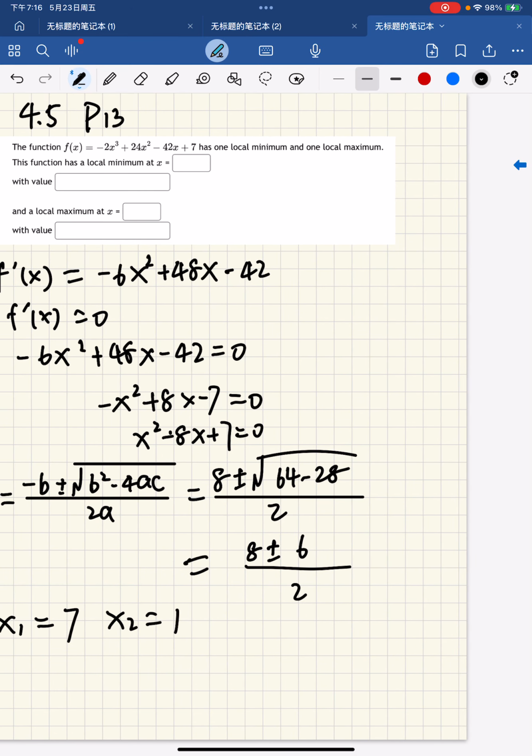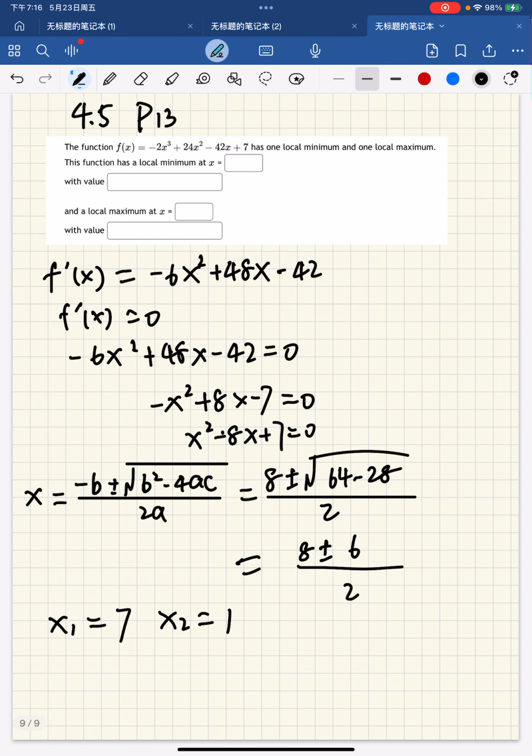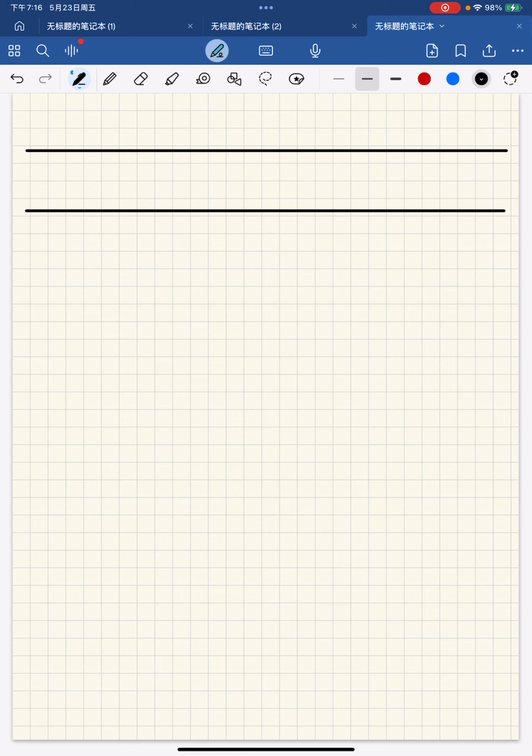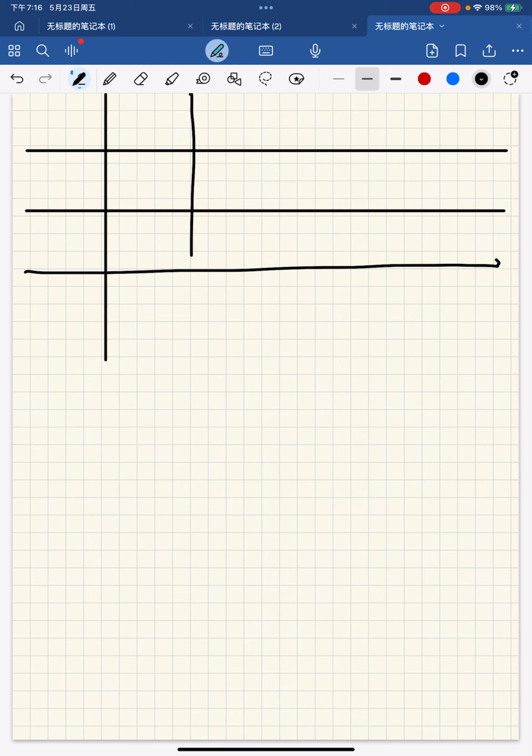Right now we can draw a table to do some value tests. We can use the critical points to divide the whole x-axis into 3 different intervals.